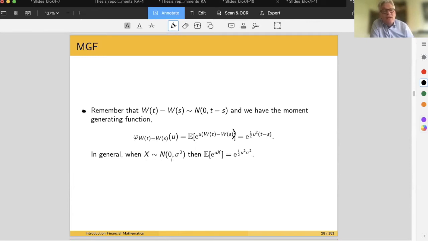More generally, when x is normally distributed with mean zero and some variance sigma squared, then the moment generating function is e to the power 1/2 u squared sigma squared. Now this is a little bit confusing because for the sigma here, we will end up with t minus s. And for the u here, we may end up with sigma from the previous page, right?